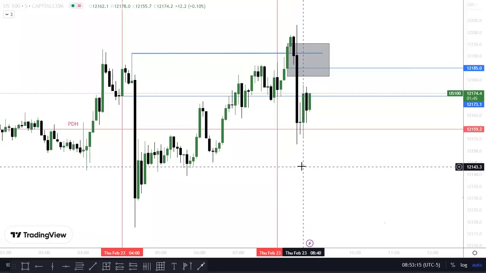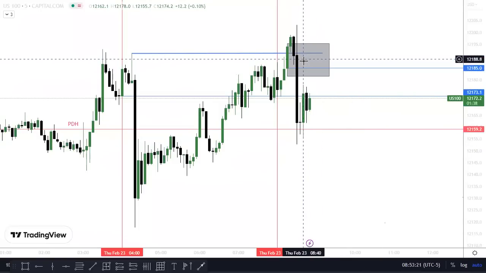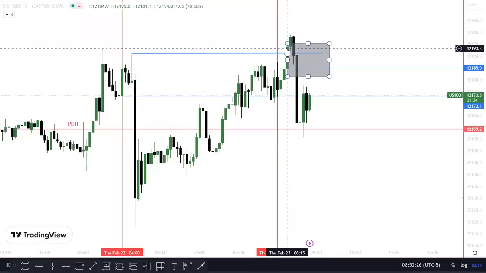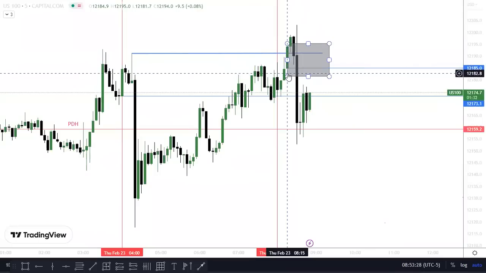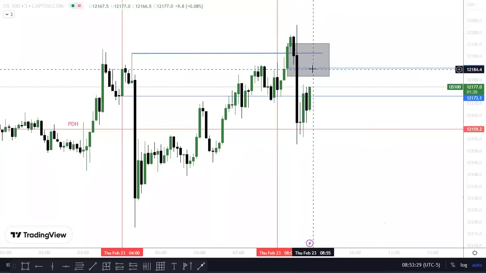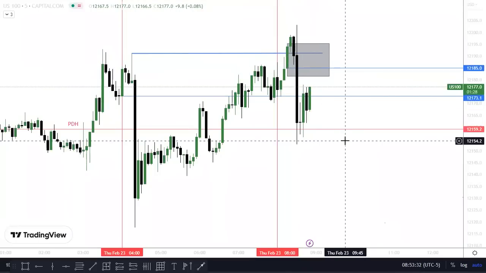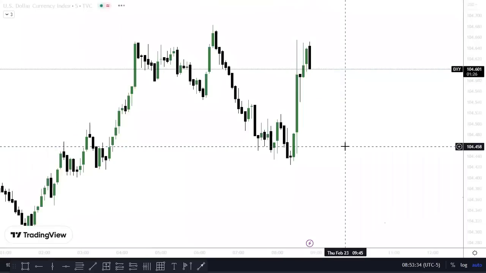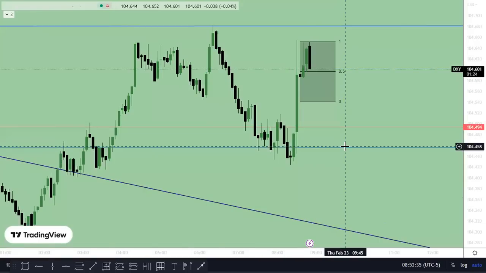How many persons would have probably FOMO'd into a trade already? I would enter opening price of this candle. This is what, the 8:15 candle open. I don't want to sell that mechanically as Nasdaq, as DXY is trading below that 50 level.